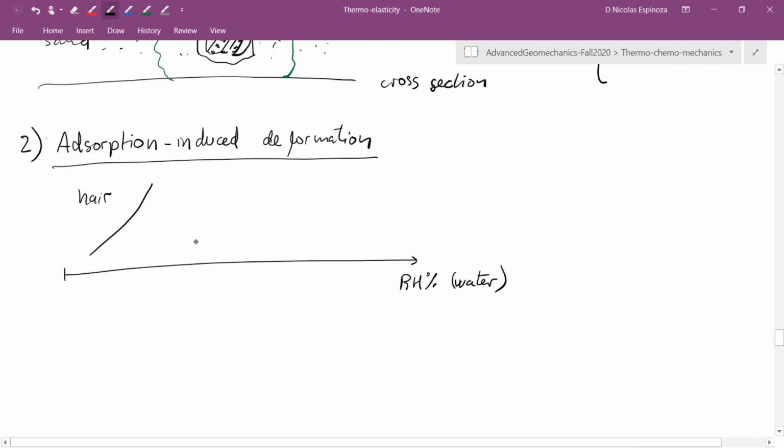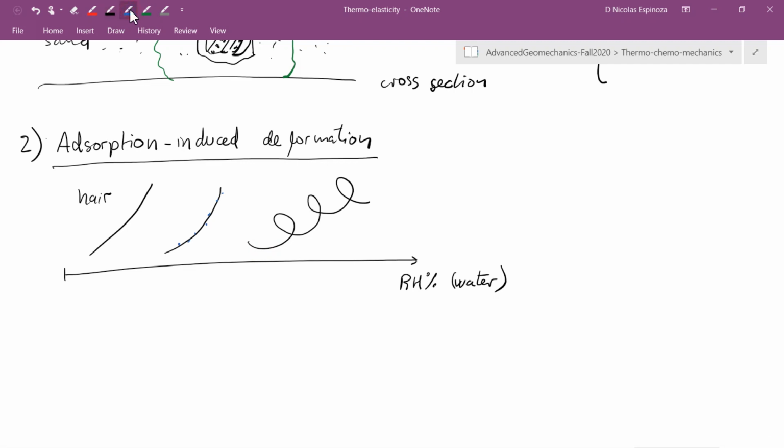But as relative humidity increases, water molecules start to cling onto the hair and cause it to bend. And if you have a relatively high humidity, and if you have more or less curly hair, this is what is going to happen. And this phenomenon is caused by the adsorption or preferential attachment of fluid molecules, water molecules, onto solid surfaces.